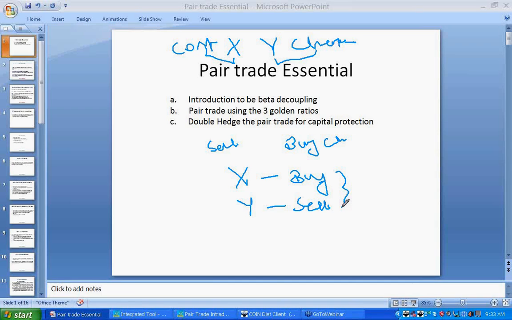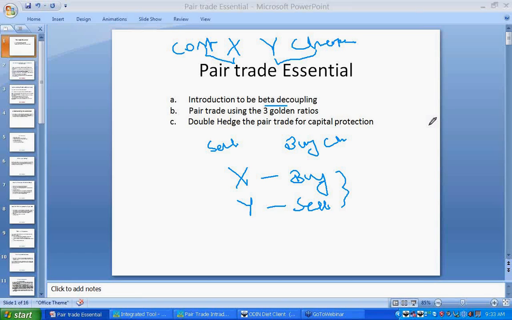Smart Finance's sole innovation is the beta decoupling technique. In my first book, which I authored on futures and options, I have explained this beta decoupling technique. This is my sole innovation.